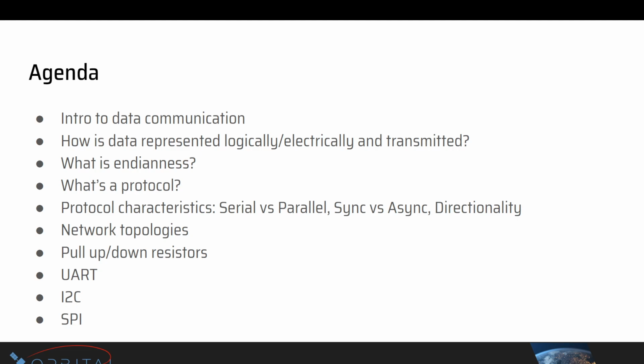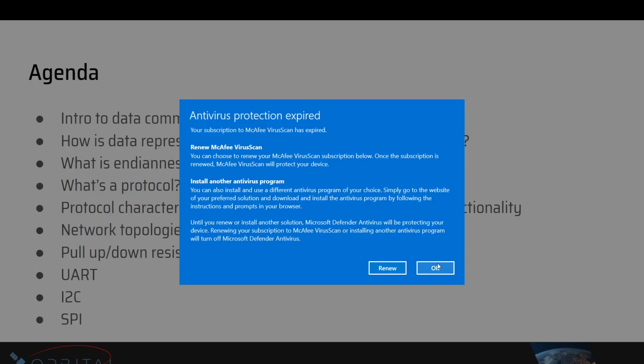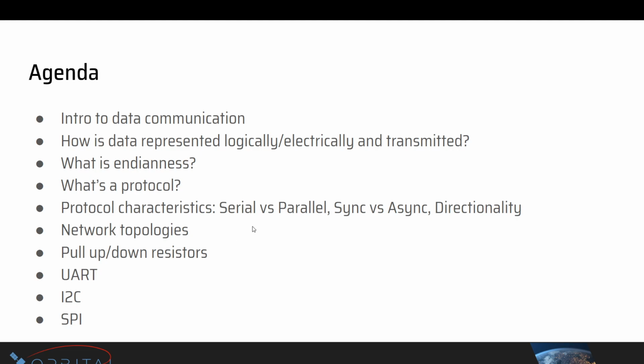And also quickly cover what endianness is, what a protocol is, and then talk about some of the characteristics of protocols, like serial versus parallel, sync versus async, and directionality. And also cover network topologies real quick, and pull-up and pull-down resistors. And then go over some common protocols like UART, I2C, and SPI.